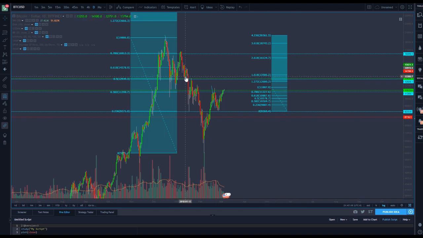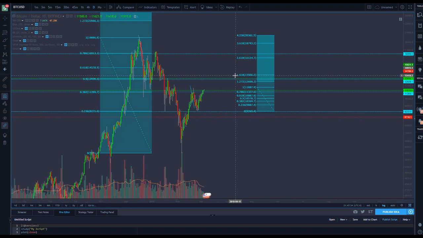As you can see, this is kind of messy, but there is a big support resistance line somewhere in here, close to the 0.5 fib line, and that's where a more conservative price prediction would be, which is at 13,500 from this price over here.